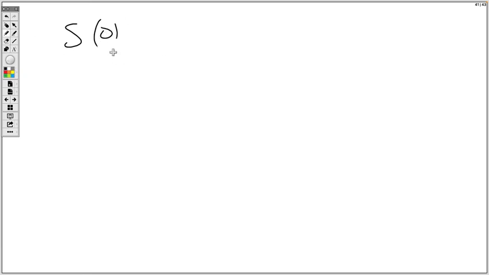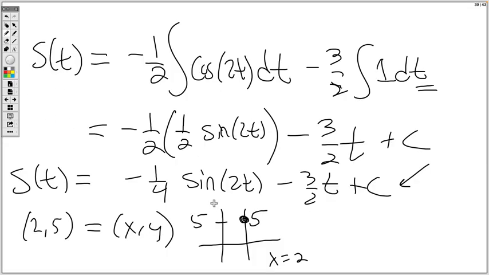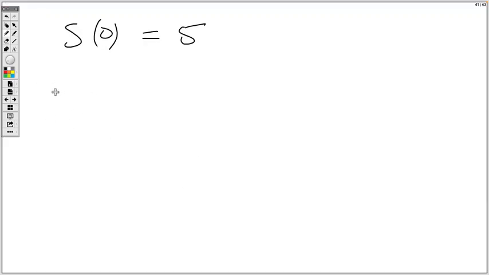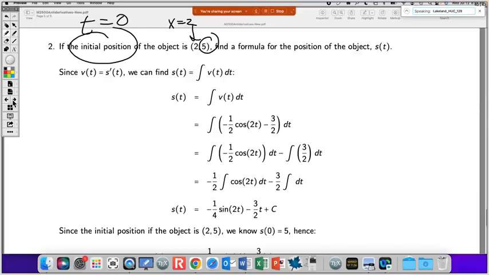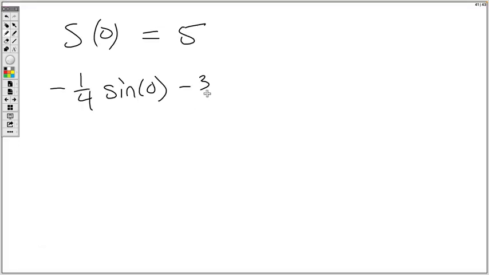All right, so s of 0 is 5. So I go back, I plug 0 into my function, minus 1/4 sine of 0 minus 3 halves times 0 plus c is 5. In this particular case, what's the sine of 0?